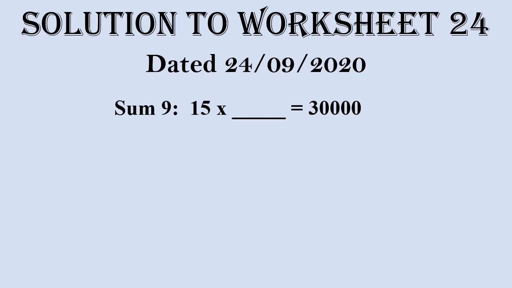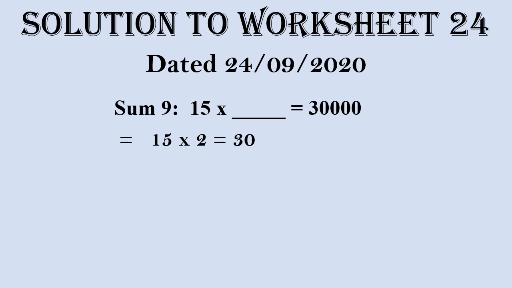The ninth one, this is going to be a little tricky for us. I explained that in the answer we always count the number of zeros. So 15 into something will give you 30,000. I know that 15 multiplied by 2 is 30. We'll do division in the next topic, but 15 multiplied by 2 is 30.